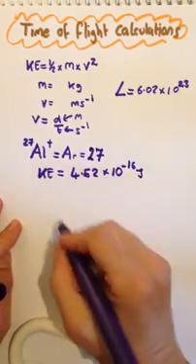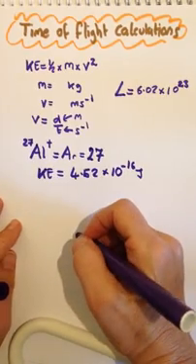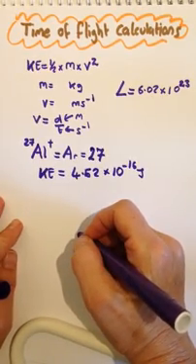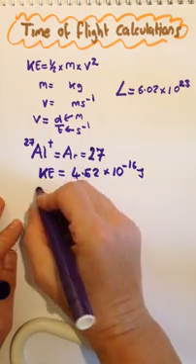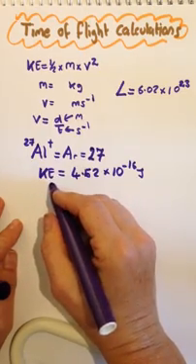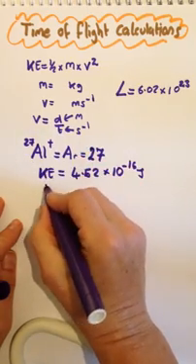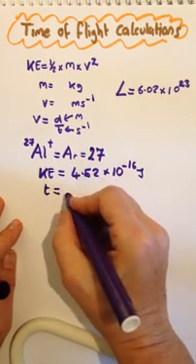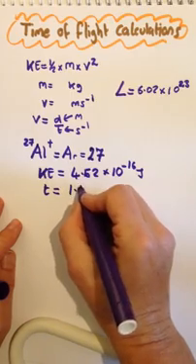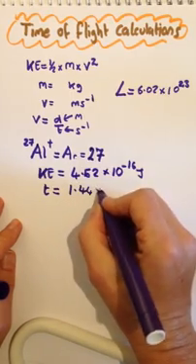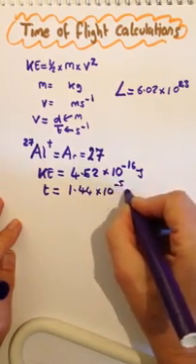So I'm taking all the essentials out of the question and writing them down. And the time of flight, T, is equal to 1.44 times 10 to the minus 5 seconds.